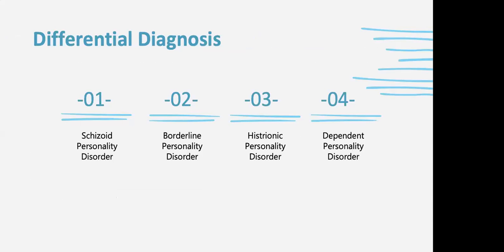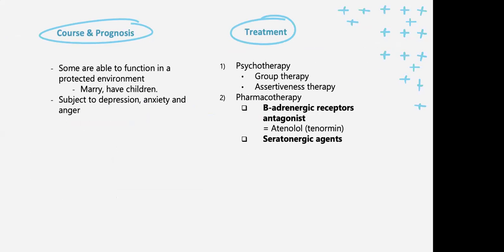Okay, for the differential diagnosis, first is schizoid personality disorder, borderline personality disorder, histrionic, and dependent personality disorder. For course and prognosis, some of them may function in a protected environment, meaning they marry and have children, but they are subject to depression, anxiety, and anger.